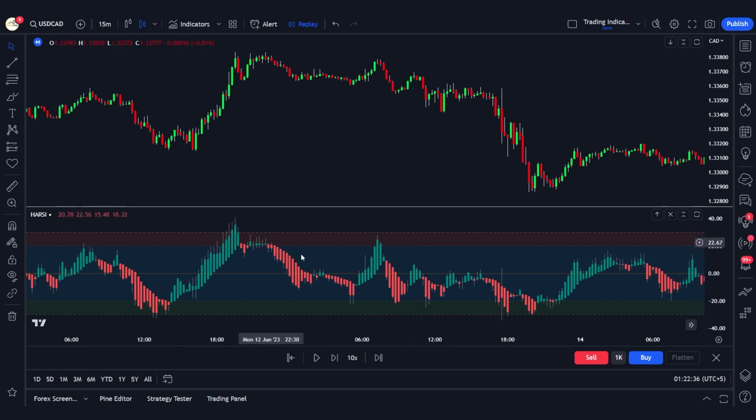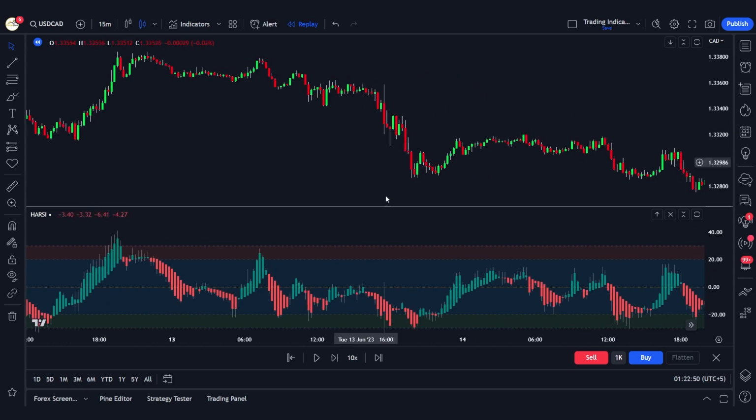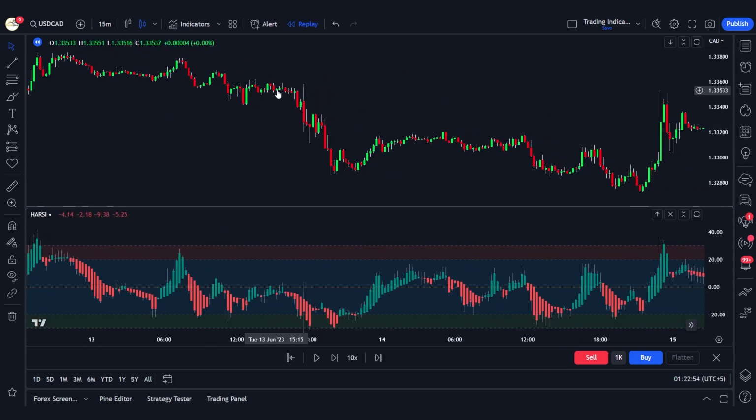And as you can see, the candles are moving about this zero axis, which means that if it reaches this area, that means that the market is overbought and there is a possibility of a trend reversal or a pause in the bullish trend. And if the market reaches this green area here, that means that now the market is oversold and there is a possibility of a pause in a bearish trend or the trend reversal in the bullish direction.